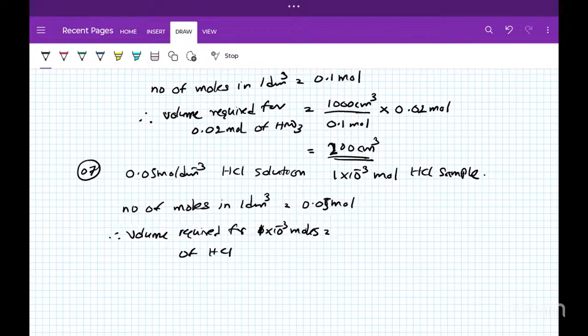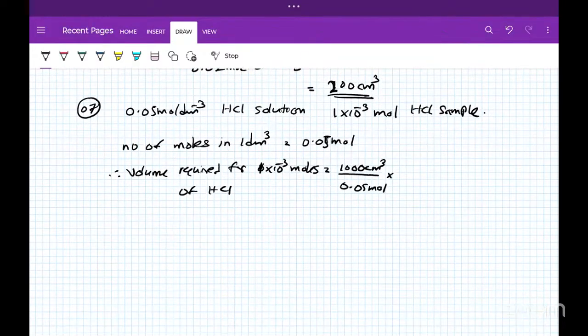So we can simply say in 1000 cubic centimeters, to take 0.05 moles, you have to take 1000 cubic centimeters.